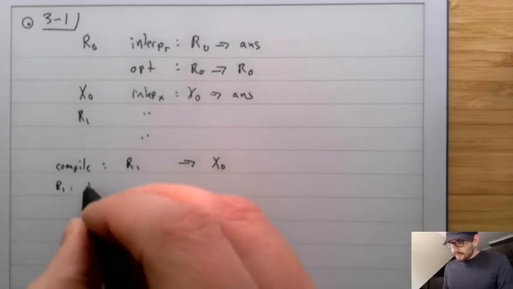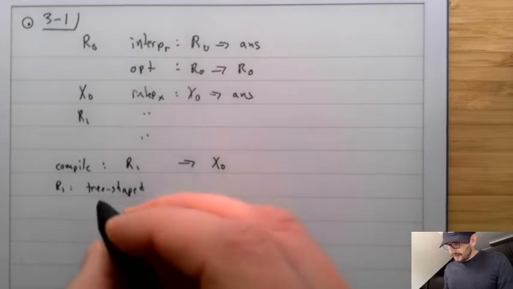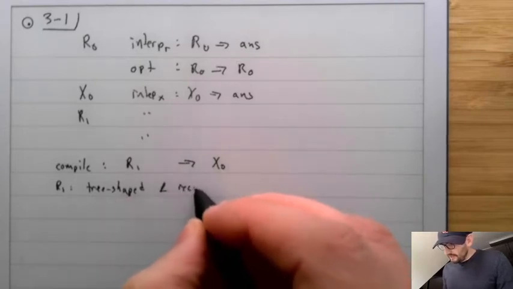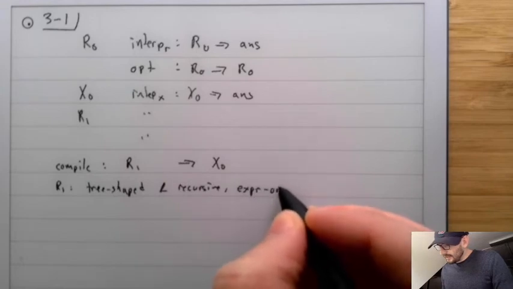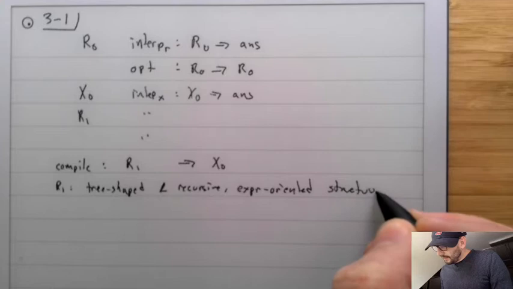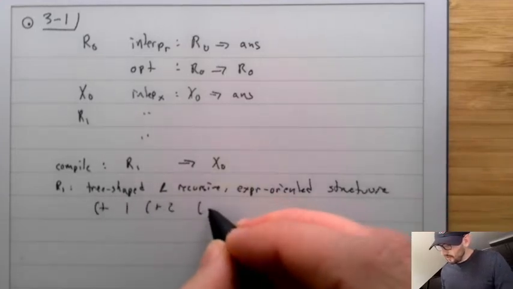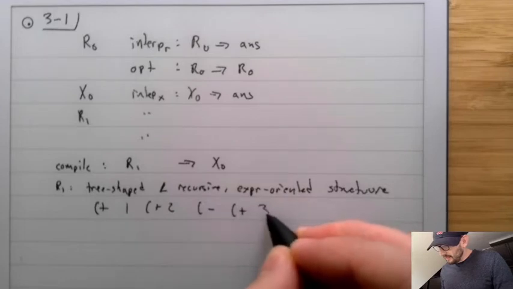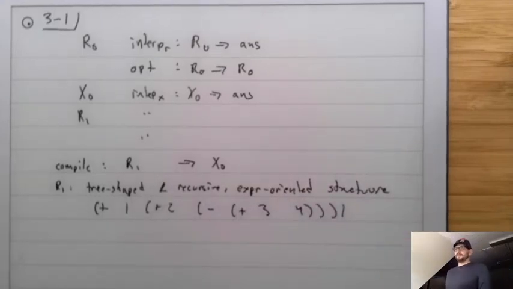Well, its expressions are tree-shaped, and they have this recursive, expression-oriented structure, because you can write computations like +1, +2, minus, +3, 4. Okay, so there's this deep tree of expressions.